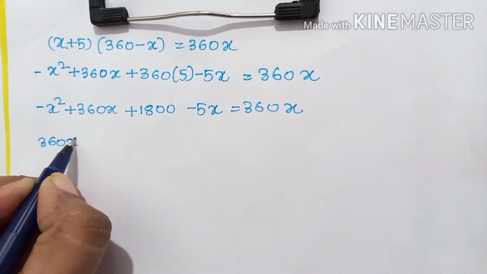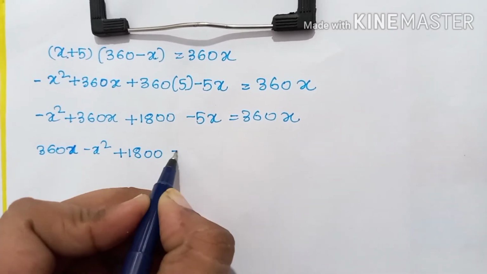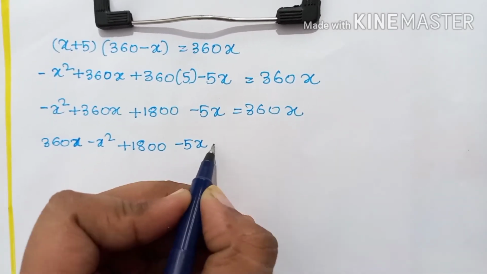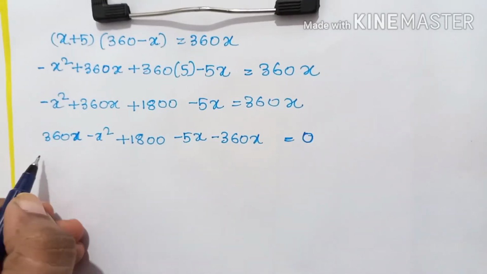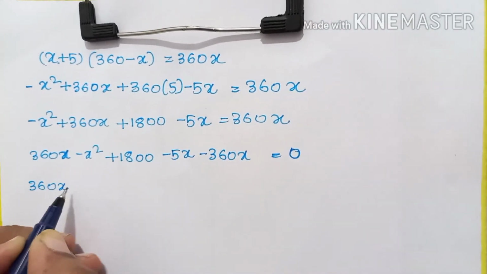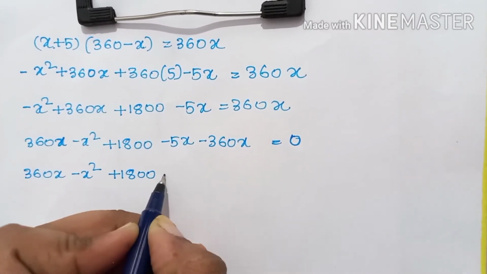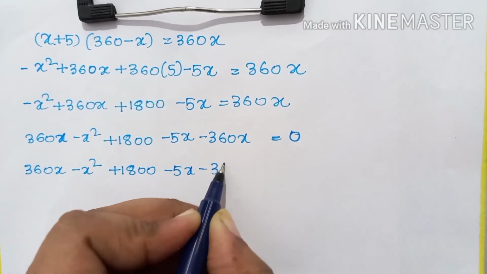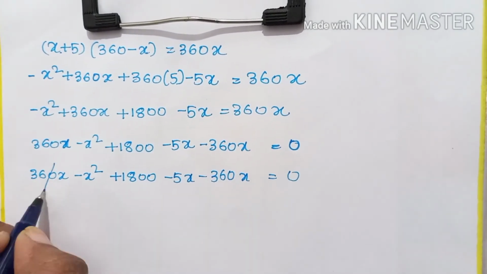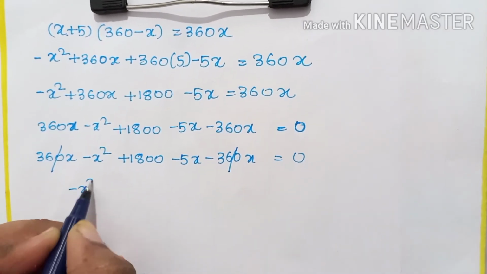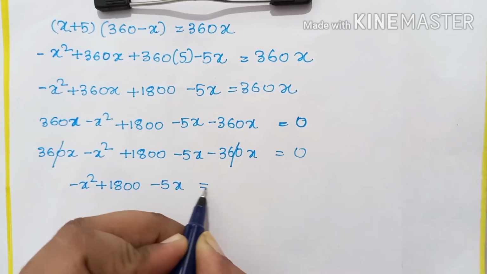Taking RHS to LHS side, minus 360x equals 0. Here 360x minus x square plus 1800 minus 5x minus 360x is equal to 0. Here 360x and 360x get cancelled, minus x square plus 1800 minus 5x is equal to 0.